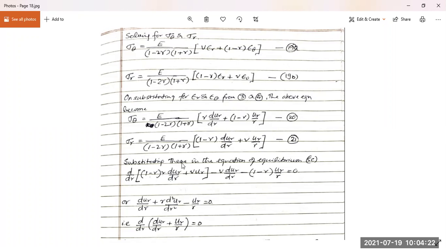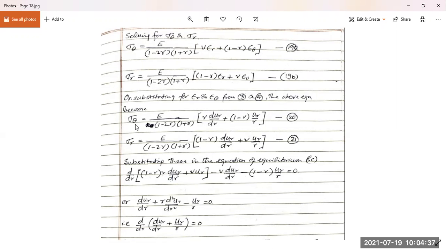So we have to substitute into the equation of equilibrium 5c. We know the equation of equilibrium 5c is given as d by dr of r sigma r minus sigma theta equal to 0.